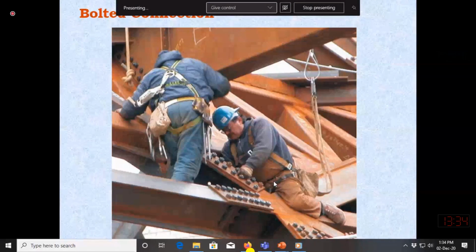Maybe only one person can carry out the entire operation. Just to increase the efficiency we may have more labor, but normally one bolt can be installed completely by one single person. After snug tight connection, we can achieve the further tightening or full tightening by the turn of nut method, by using special wrenches which are called tension wrenches.